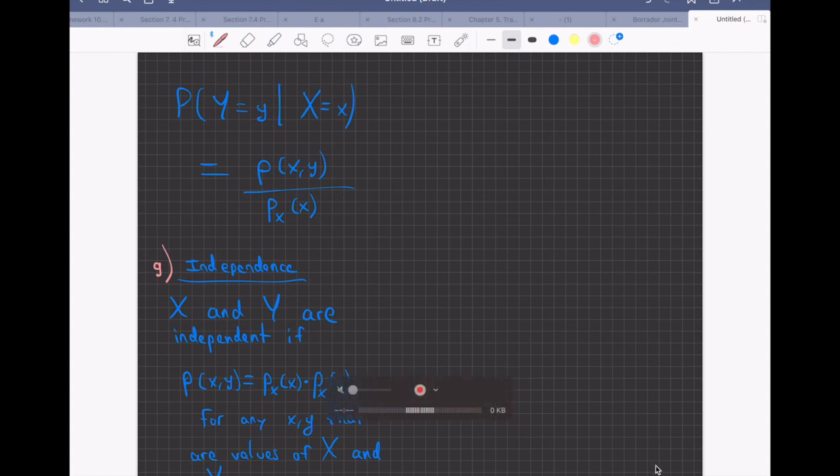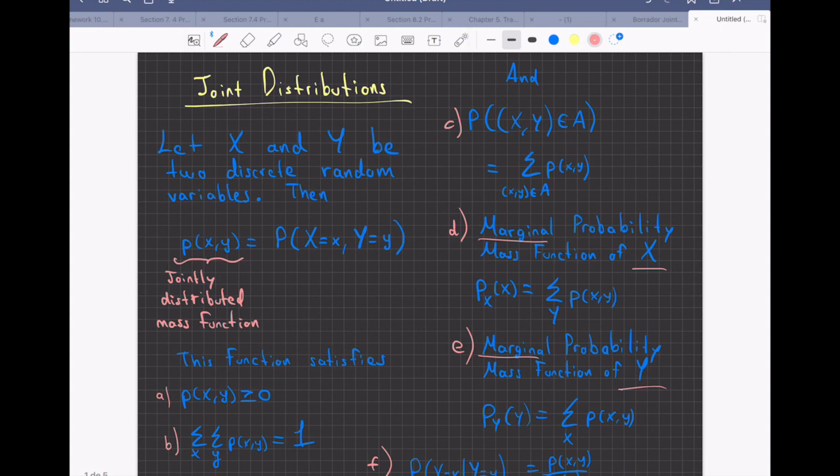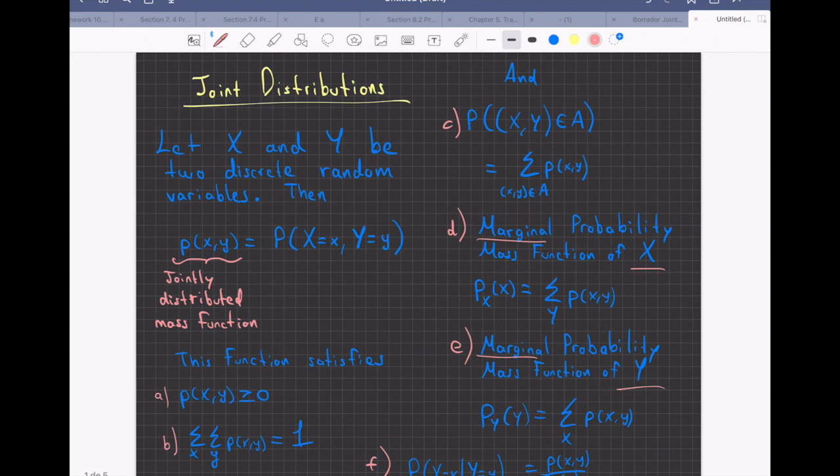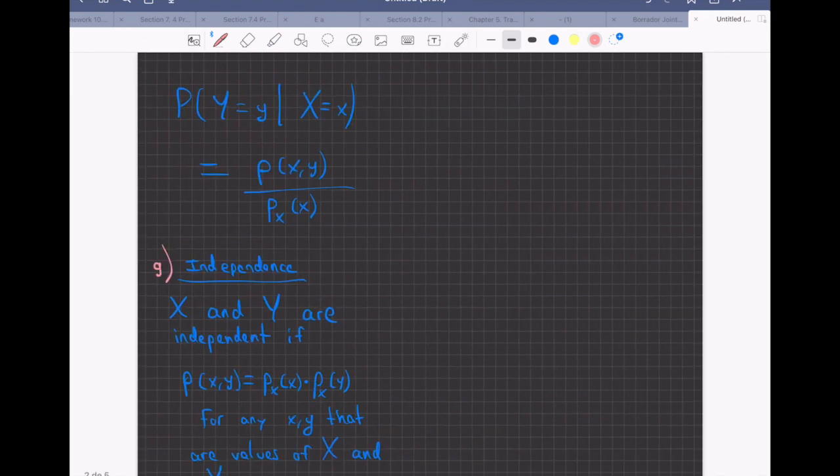So we have all of the definitions. Essentially, here we have two random variables, and we start with the definition that the two random variables take on some value. Based on that, we have defined all the other things. Notice how we can define independence with this joint distribution.